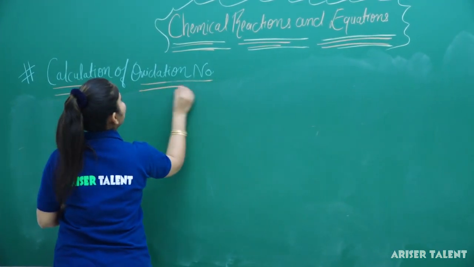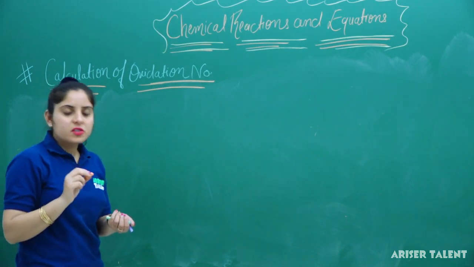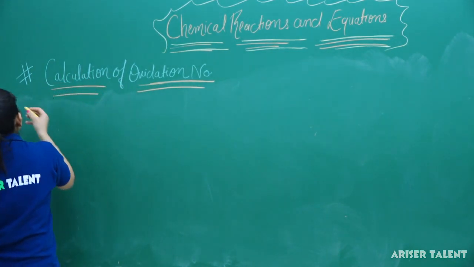Now we will consider many more elements for understanding the oxidation number concept. So again we have a variety of elements.